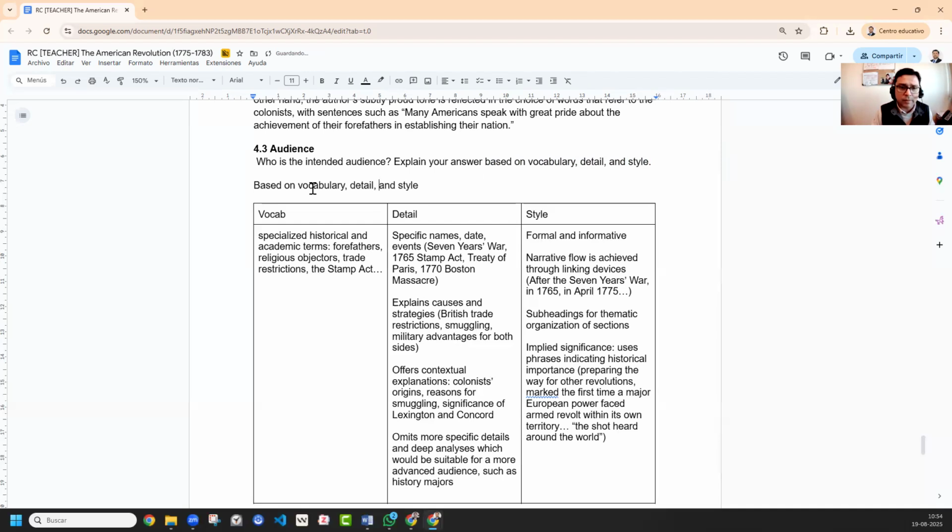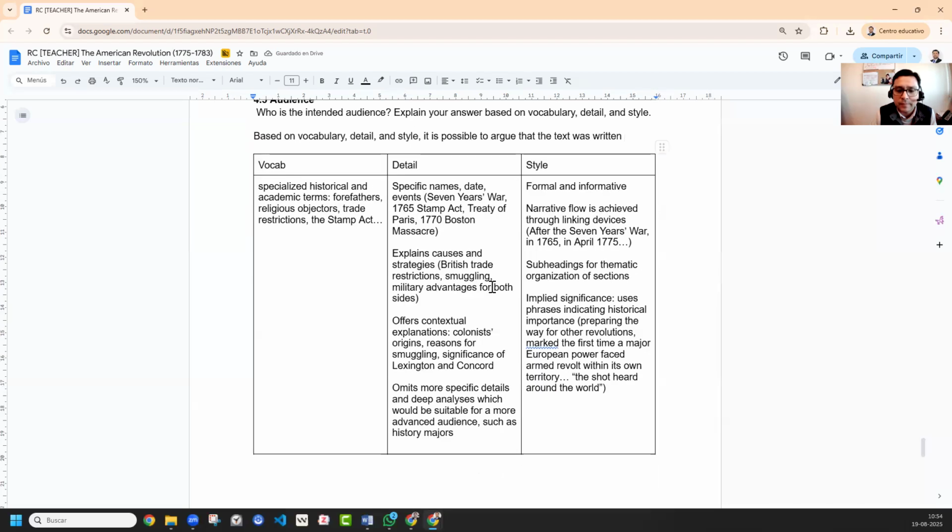Based on vocabulary, detail, and style, it is possible to argue that the text was written. So we already said, okay, no, there is an important detail here that I omitted.